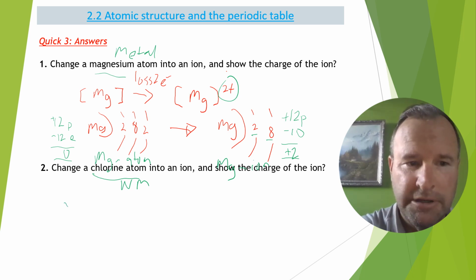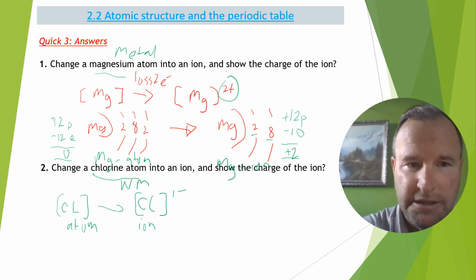So chlorine shorthand here as an atom goes to form the chloride ion. I'm going to put a 1 minus charge there. So this is an atom. This is an ion.